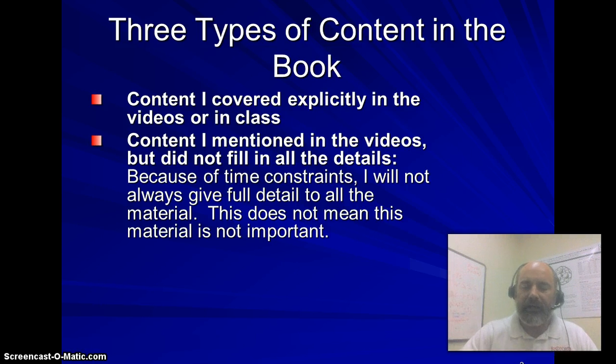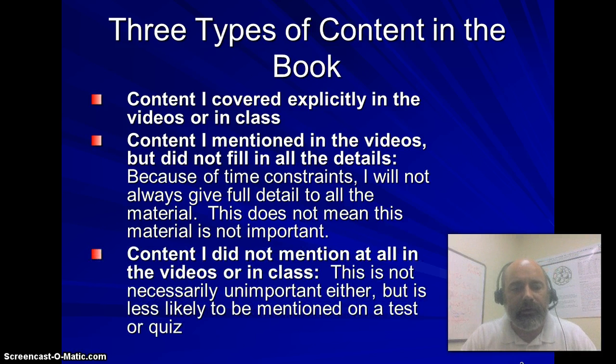And then the third kind of material that you'll find in the textbook is content I did not mention at all in video or in the class. The material I didn't mention at all isn't necessarily unimportant to science or to chemistry in specific, but it's less likely to be mentioned on a test or a quiz. So let's talk about these three types of content specifically.